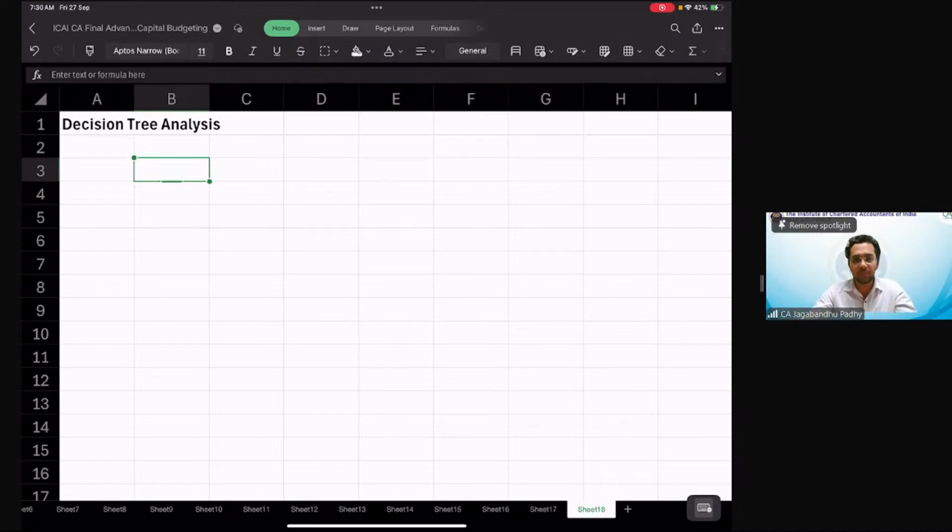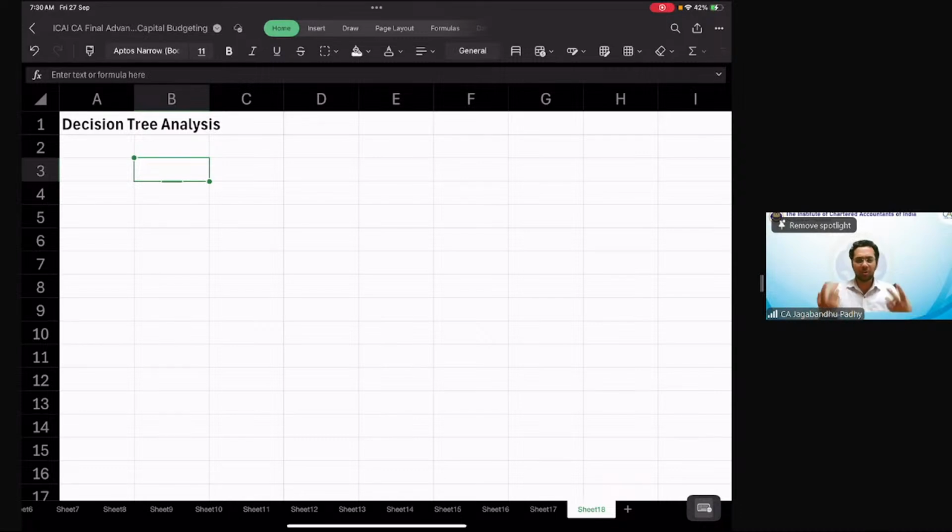So you are going to define the investment, then what all alternatives you have at every node, at every point of time, you'll have different alternatives to deal with. So those alternatives will be taken care of, right? And then at each node, at each decision point, you have to decide whether I should go ahead with the project or not, whether I should take it up or not, right? So that is the decision we are going to look at.